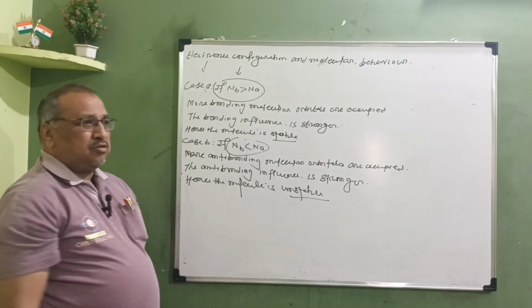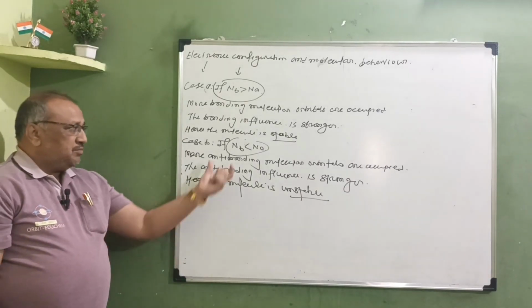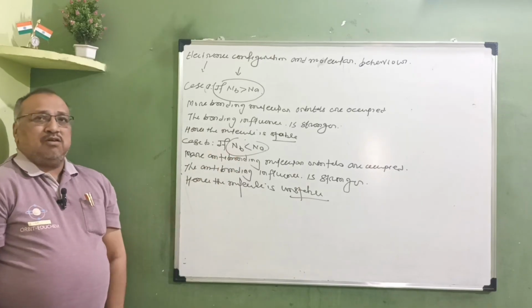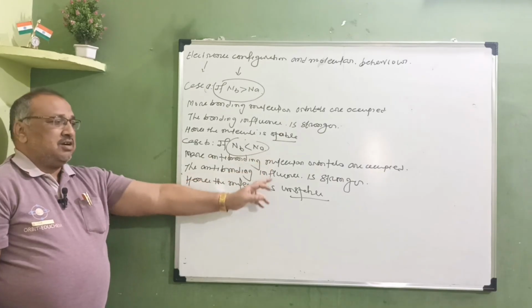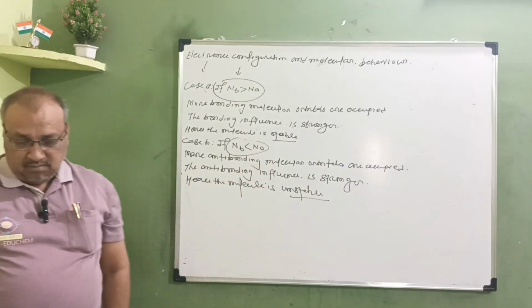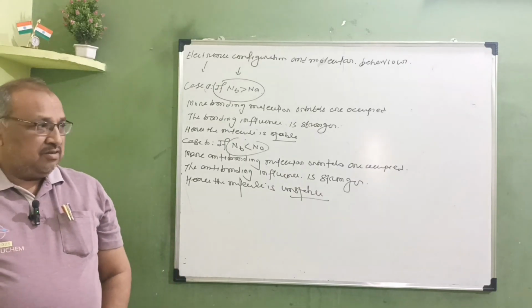Also keep in mind, if the number of electrons in bonding molecular orbitals is less than in anti-bonding molecular orbitals, then the molecule is unstable.